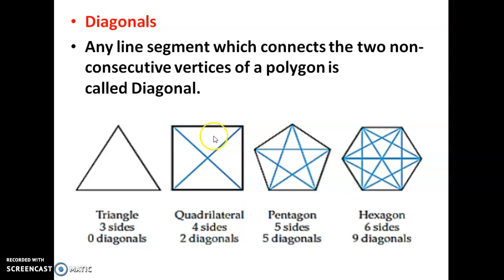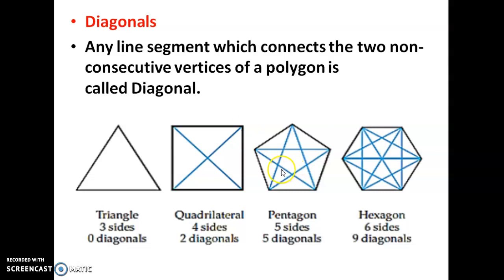A line segment should join two non-consecutive vertices. Non-consecutive means it should not be continuous. This side and this side are continuous. You can't connect these and say that is a diagonal. So if you join this and this, then it's a diagonal. This and this, then it's a diagonal.